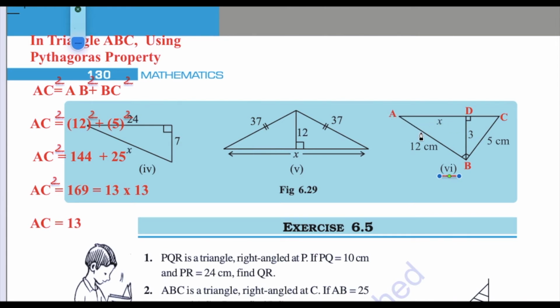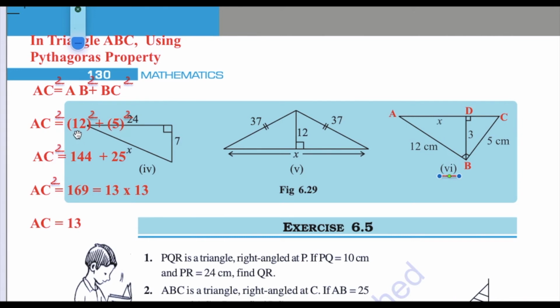So first we will solve the right angle triangle ABC to find the length AC. So in triangle ABC, as it is a right angle triangle, right angle at B, the hypotenuse square AC square is equal to AB square plus BC square. So AC square is equal to 12 square plus 5 square.